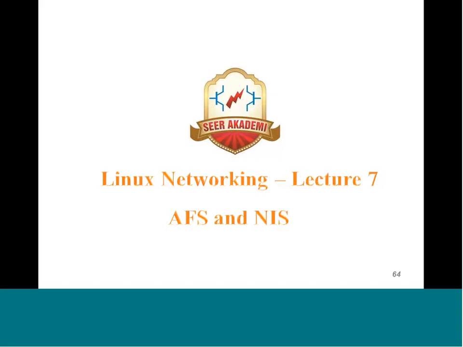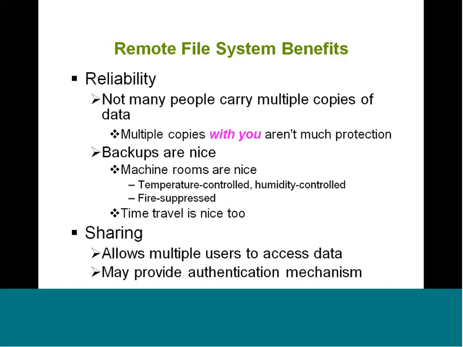So before I start talking about the AFS, the Andrew file system, let me summarize what we discussed last time. We actually started talking about the distributed file system, or remote file system. Some of the benefits of the remote file system are, one, reliability.